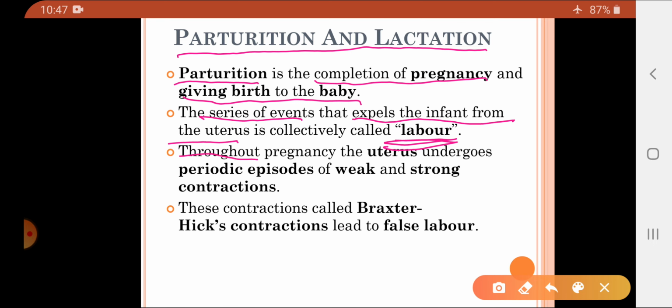Now during the pregnancy, the uterus undergoes periodic episodes of weak and strong contractions. So during the pregnancy also, the uterus will show weak or strong contractions. These contractions which occur during the pregnancy are called Braxton-Hicks contractions and they lead to false labor.